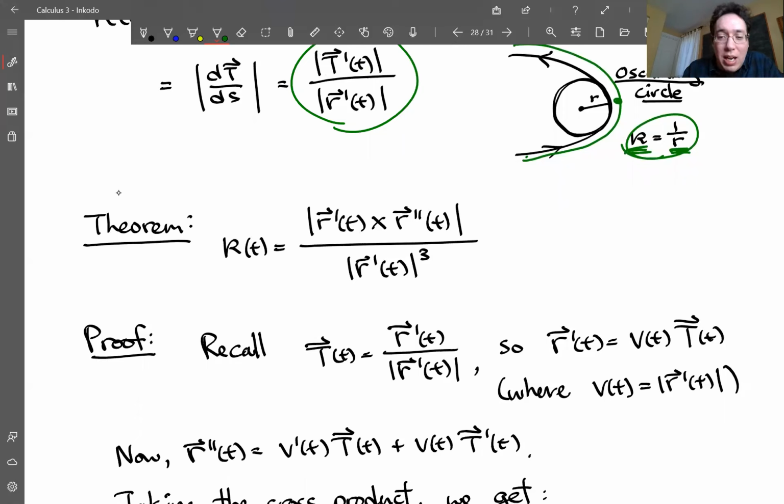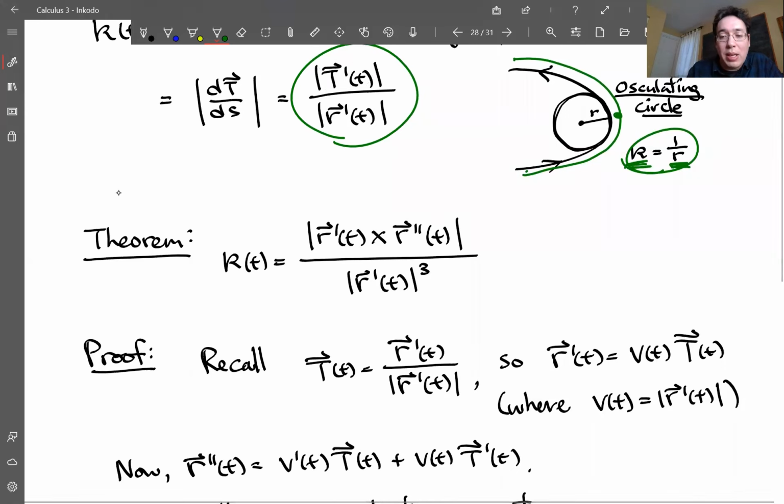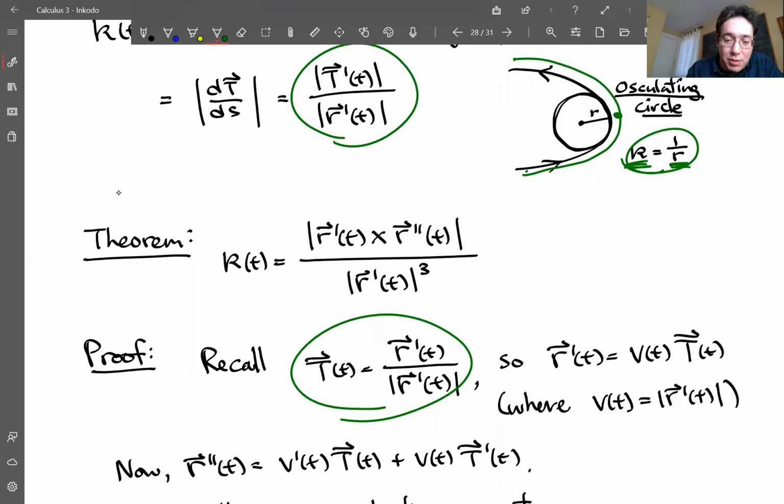Okay, so how do I show that? Well, let's start with the definition of the unit tangent. T is r prime divided by the magnitude of r prime. Because I'm going to do a lot of manipulation here, I'm just going to rewrite the magnitude of r prime.